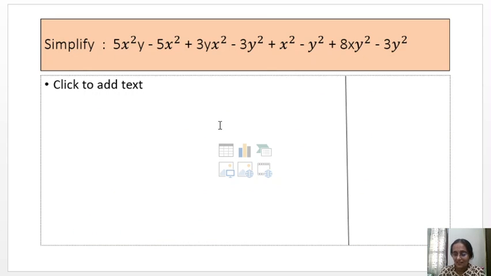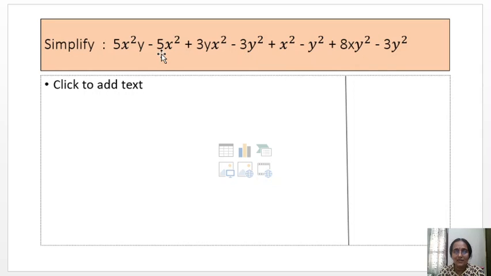Now you are ready to simplify the sum mathematically without any fruits, without any mathematical shape. Is it possible to draw rectangles, square shapes for all these many terms? It is practically impossible.